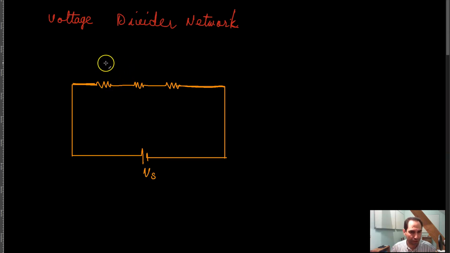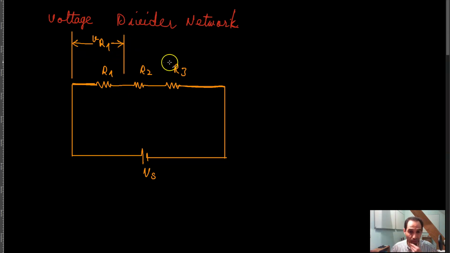The reason for that is that, if I call these R1, R2, and R3, then between these two points, if I call this voltage V of R1, this voltage would be the voltage drop across R1.